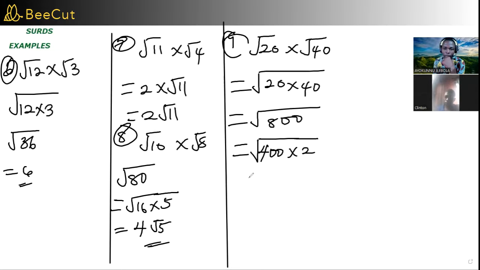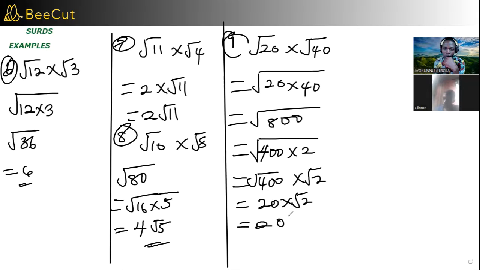And what is the square root of 400? 20. Yes. So root 400 times 2 is 20 root 2.